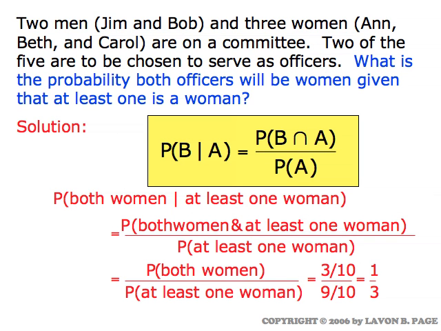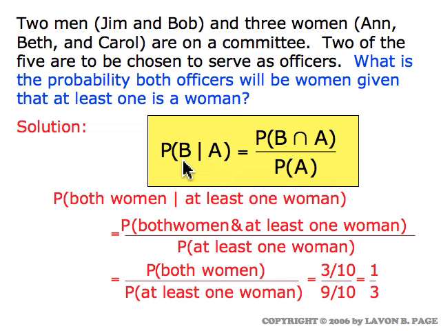Now let's change the question again and say, what's the probability both officers will be women given the information that at least one is a woman? I've written the conditional probability definition in here again. So let's think of B as being the event both are women, and A being the event at least one is a woman.